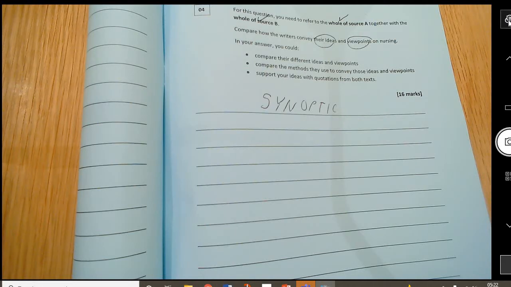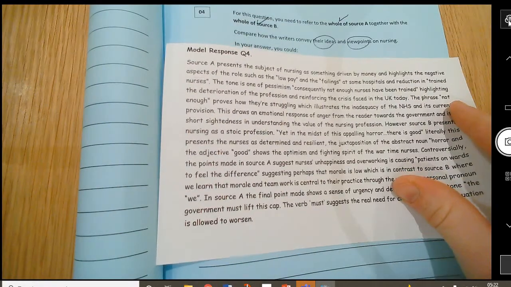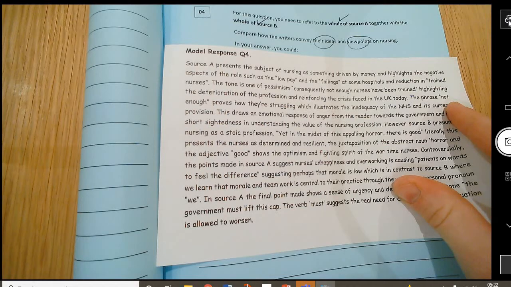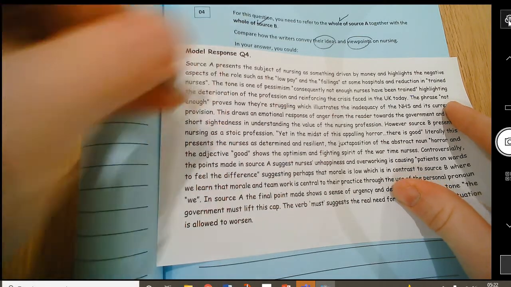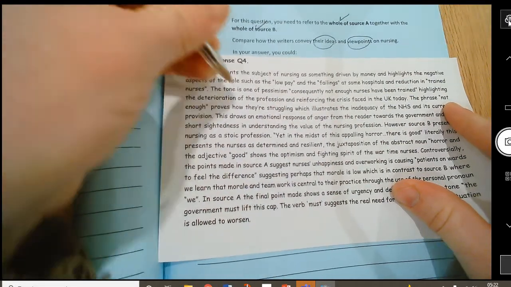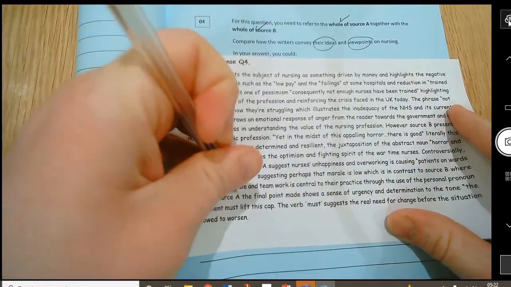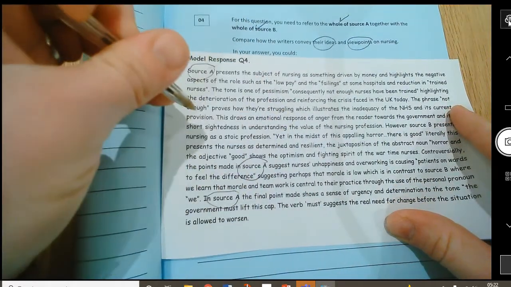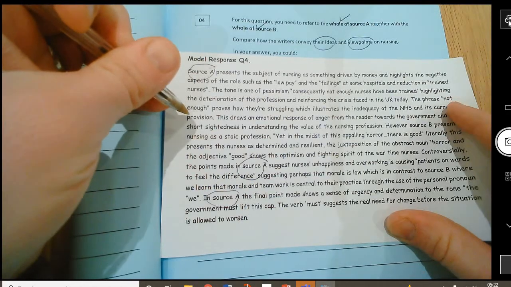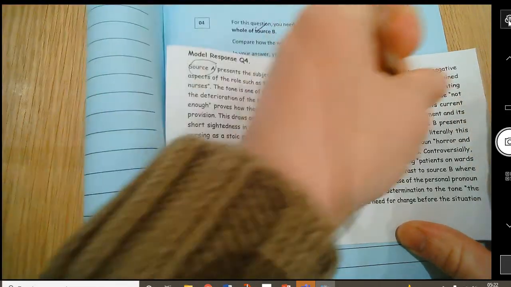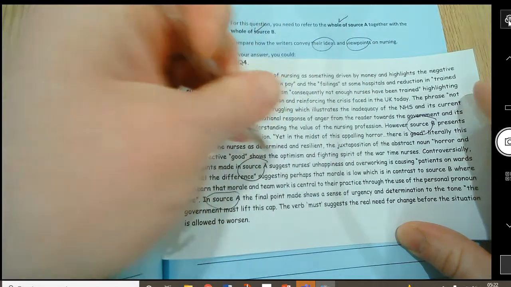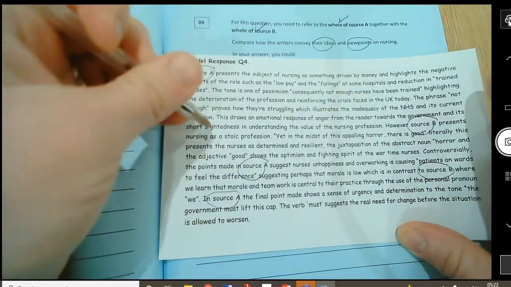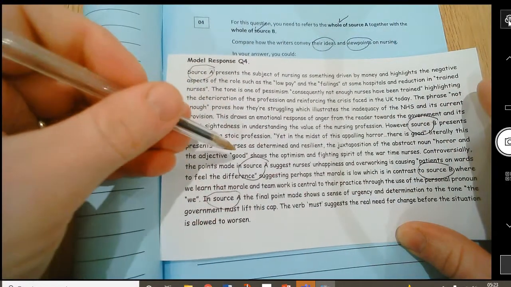Now once again, there's a model paragraph for you to have a look at. And again, straight away you can see with a source question where we need to talk about both sources, we want a good smattering of information about both sources. And you can see here the writer is referring really clearly to both things.